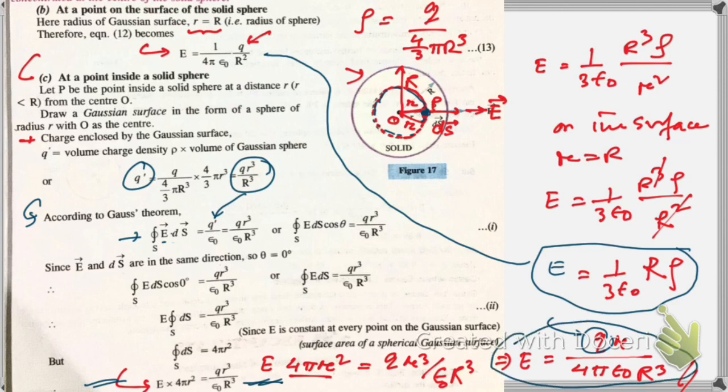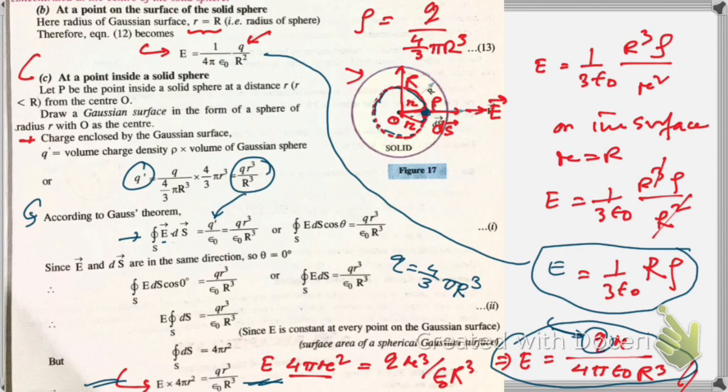Okay, so if you replace this q by q is equal to 4 by 3 pi capital R cube into rho, right, then what will you get? So here you can see this 4 will be cancelled, right? Let me take one more slide. Let me write the final expression again.